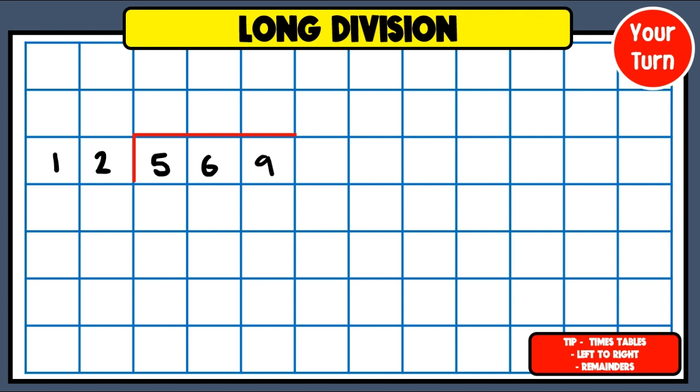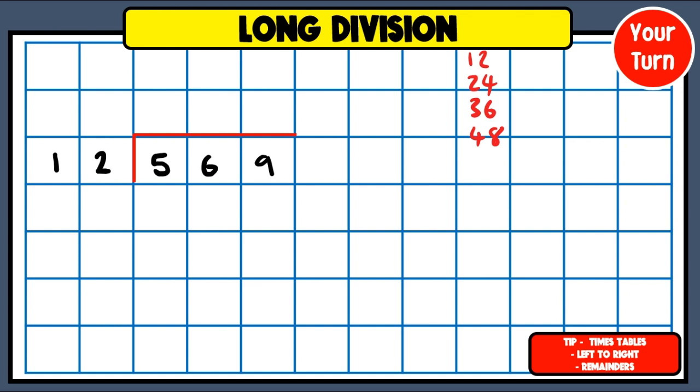Right, let's have a look at the answers then. So my divisor is 12, so I need my 12 times tables in there. So just so I don't have to use my brain too much, I'm going to write my 12 times tables. Got 12, 12 add 12 is 24, add 12 again is 36. Keep going, I've got 48.